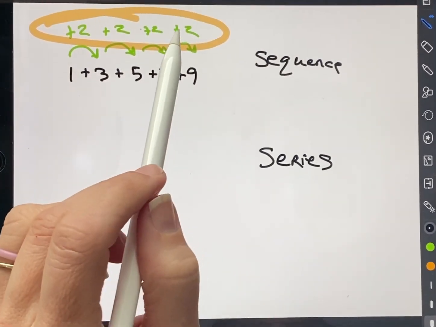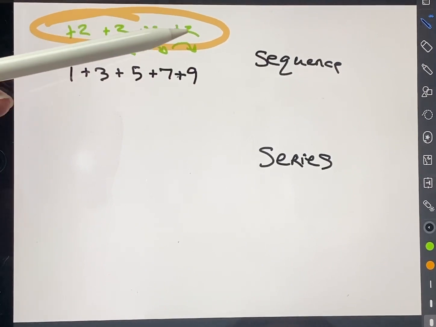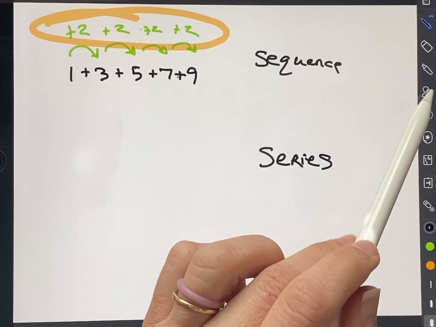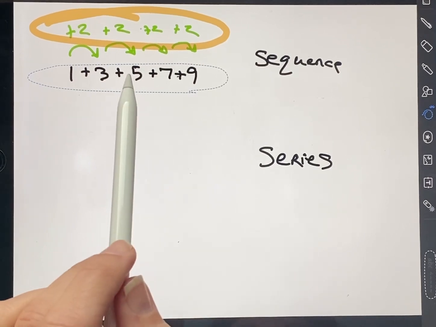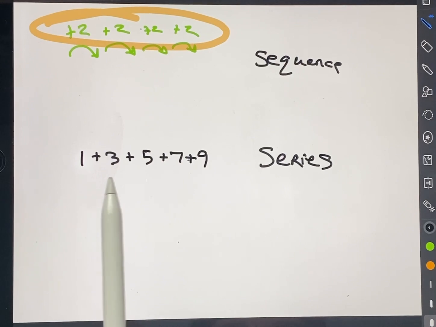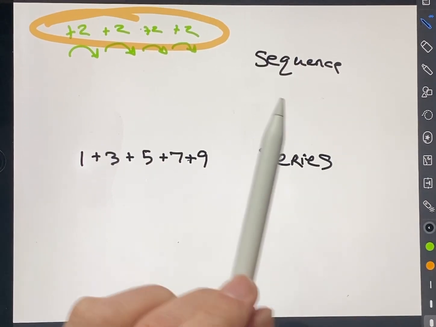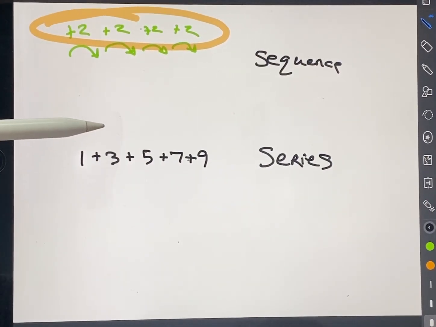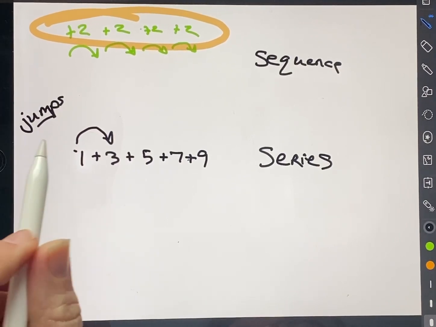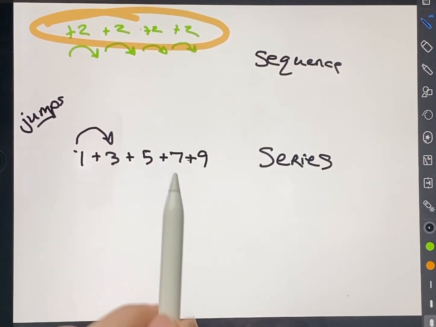Remember, our sequence type, arithmetic or geometric, is completely tied to how the numbers are found from one to the next. However, a series is always added. It is always when those numbers are added. So the type of sequence determines how you get from one number to the next. I call that jumps. What are we jumping by? But our series is done through adding or subtracting.